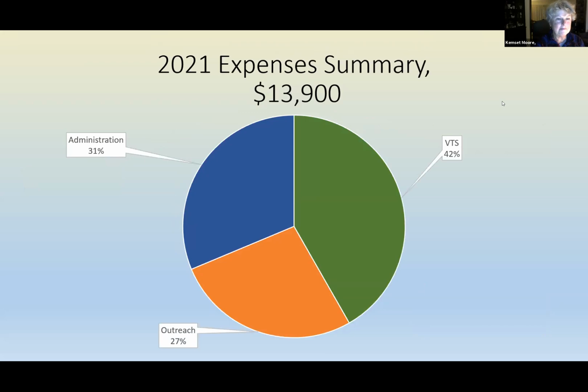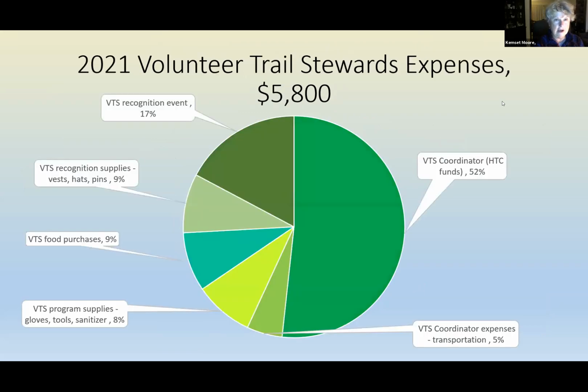Expenses basically break down into 3 components: volunteer trail steward support, outreach, and administration. So here we get more fine details. For volunteer trail stewards, a good portion of our expenses goes to pay a salary for Renee and some expenses for her.